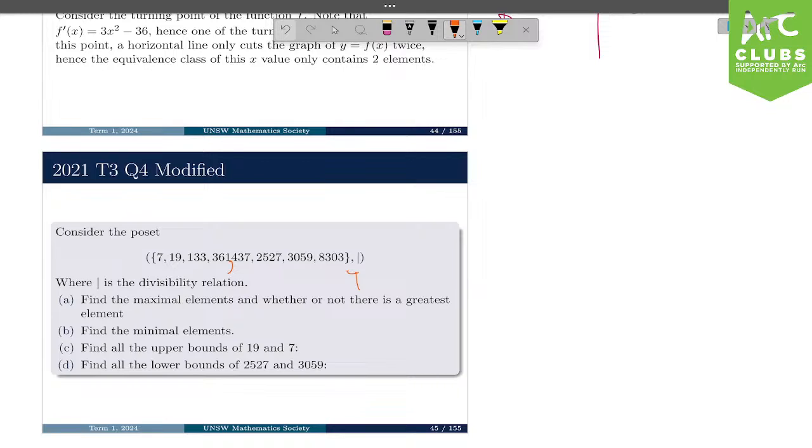So, first things first, I think it's not part of the question, but it would be a good idea to show that this is a partial order.